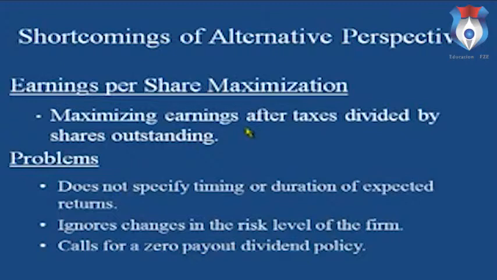And if earning per share maximization is considered the ultimate goal of the firm, then it means that we are going for a zero payout dividend policy. So if you are not paying dividends, definitely the shareholders will not be attracted towards your company. So that's why earning per share maximization should not be called the ultimate goal of the firm.